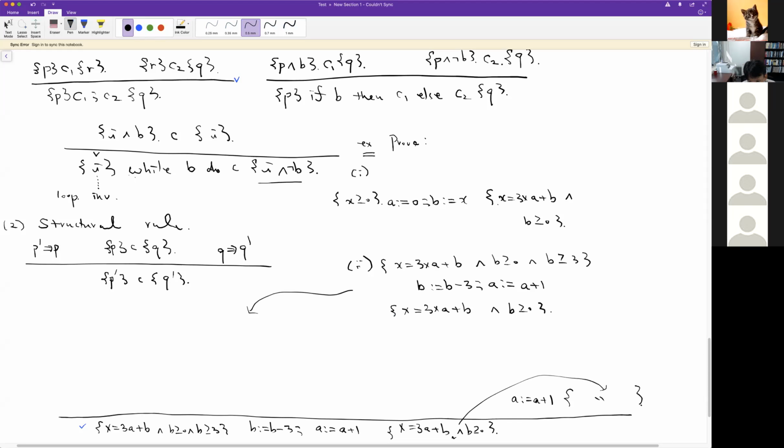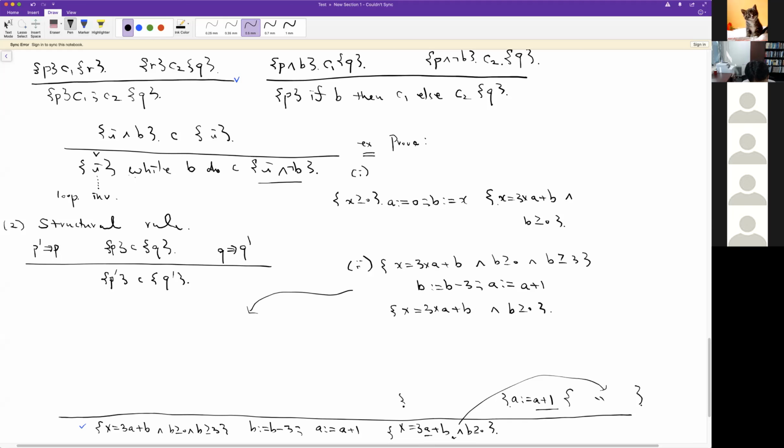We now use the rule for assignment, which says take the postcondition and replace any updated variable by the expression. Here the updated variable is a, so we replace it by a plus 1, and that's an instance of this assignment rule.